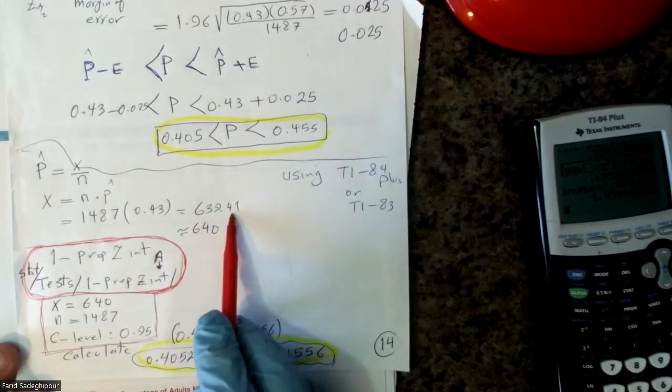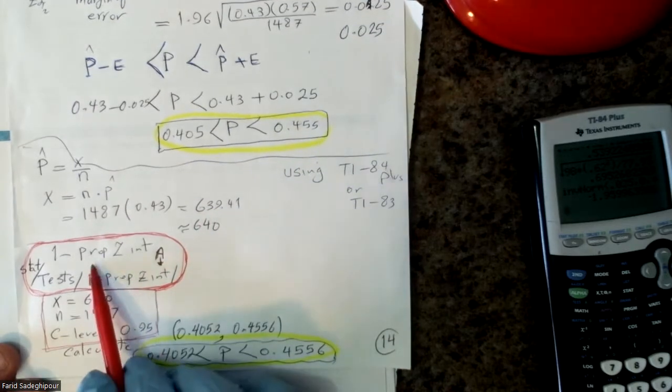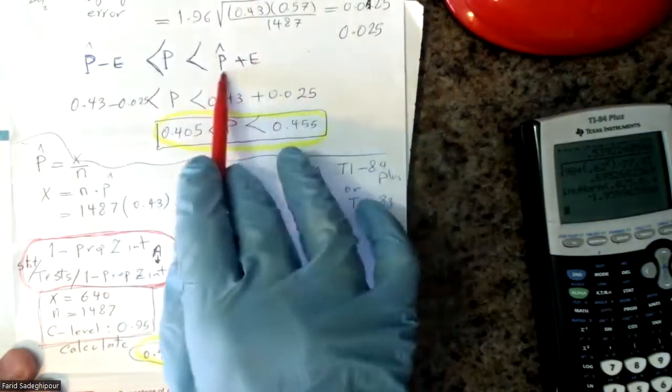You always round it up because you want to have a whole number. The calculator doesn't understand the decimal. Round it up, 640.